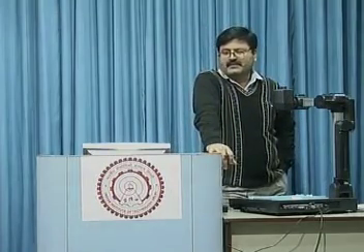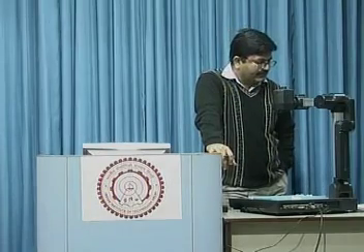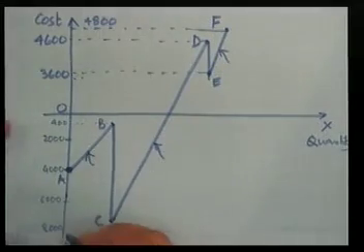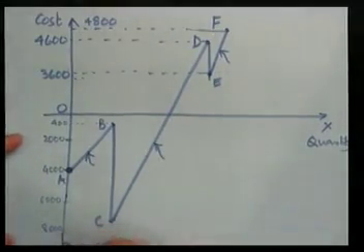So, I add up the total fixed cost for all the three products together. The total fixed cost is 4,000 plus 7,000 plus 1,000, which is equal to 12,000. So, this will be somewhere here, it is not to the scale.